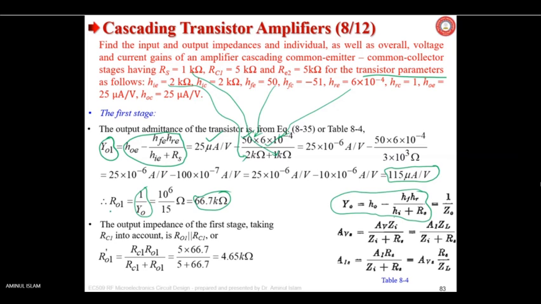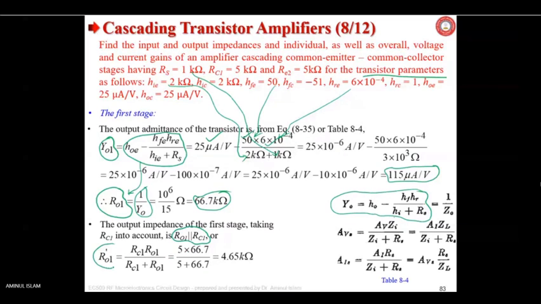That is going to come in parallel with your internal BJT's own output resistance. And this RO1 is based on the device parameters. Taking the device parameters into account, you have calculated RO1, and that will go in parallel with RC1.